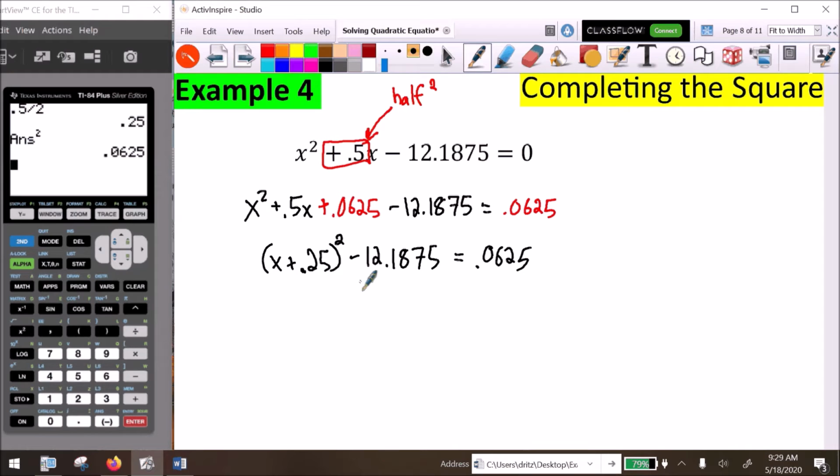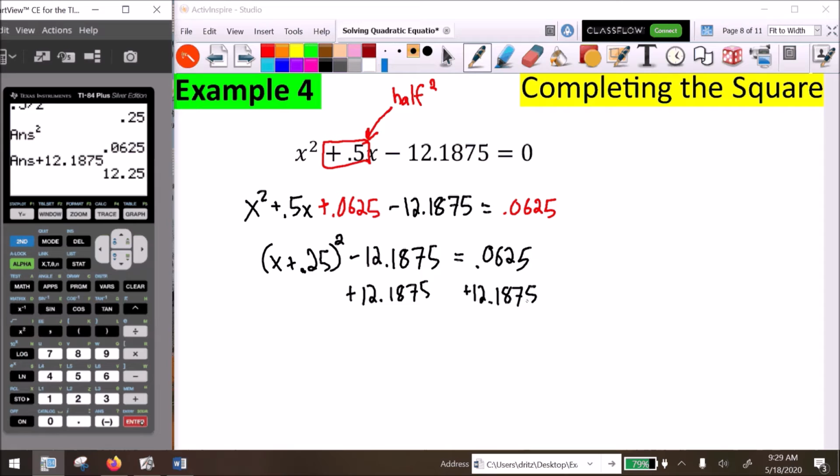And then we're just going to move that minus 12.1875 onto the other side by adding it on both sides. So we have to do 0.0625 plus 12.1875, and that's 12.25. So we have the quantity x plus 0.25 squared is equal to 12.25.